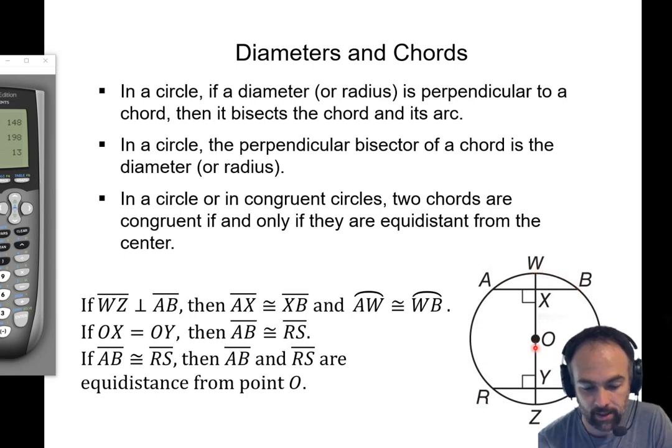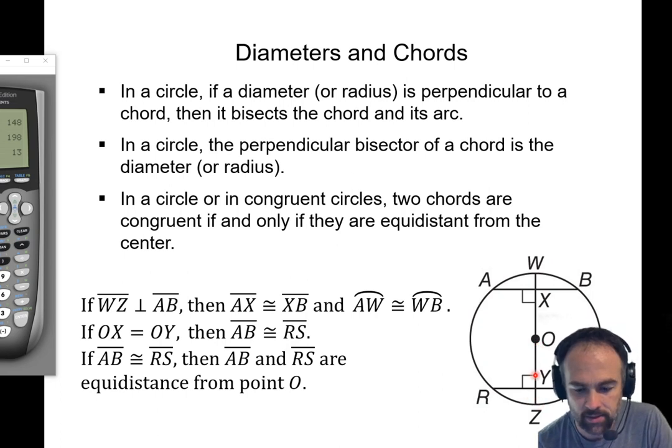The exact same thing would apply down here. Since OZ is a radius and it's perpendicular, then RY is congruent to YS, and arc RZ is congruent to arc ZS. Okay, so that was all this first one.